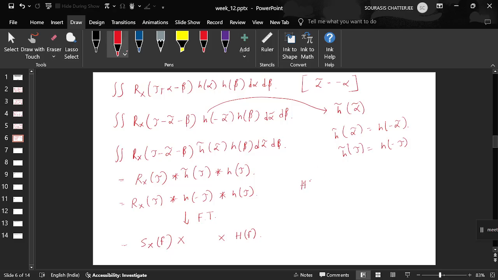We know that H of f is the frequency transform of h of tau, right? So therefore I can write it as h of tau e to the power minus j 2 pi f tau d tau, integration from minus infinity to infinity.